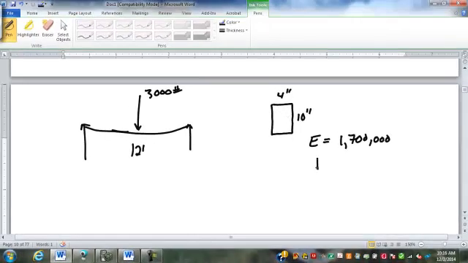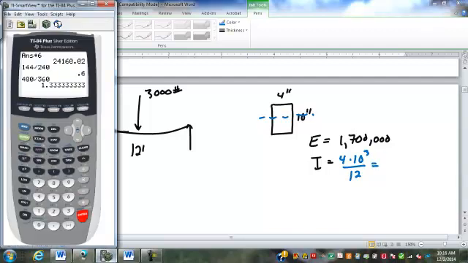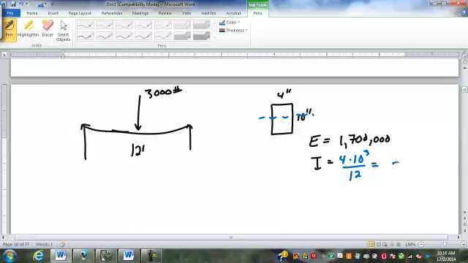We need to find the moment of inertia about the horizontal axis here. The parallel dimension is the 4, the perpendicular dimension is the 10, so that's 4 times 10 to the third divided by 12, which is 333.33.